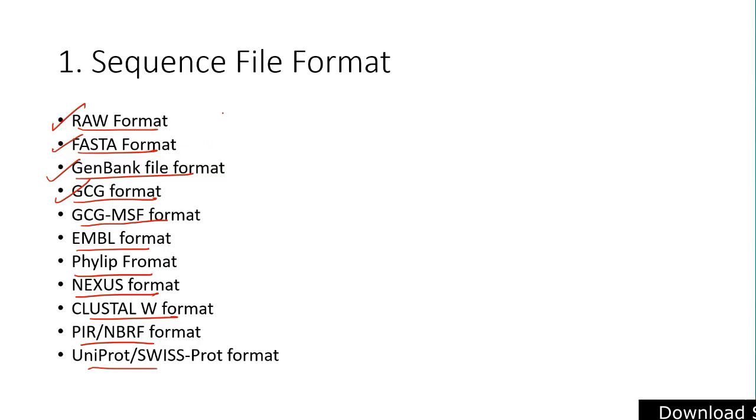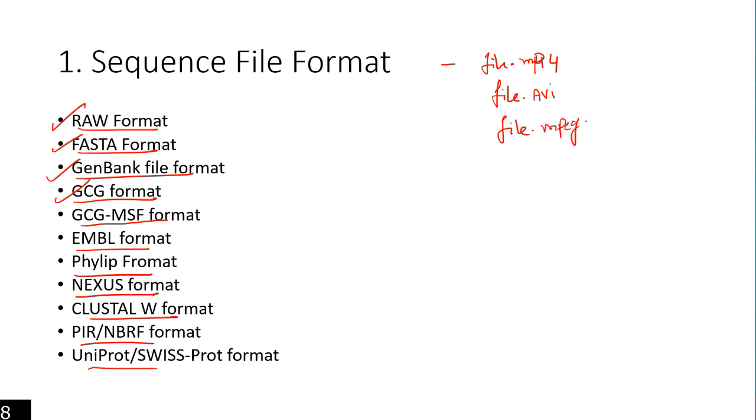So formatting here is, in case of a video, we know the file name, then dot, it can be MP4, file name dot AVI, file name dot MPEG2. So there are different names like that. These are the file formats. Similarly, we have file formats for sequence.